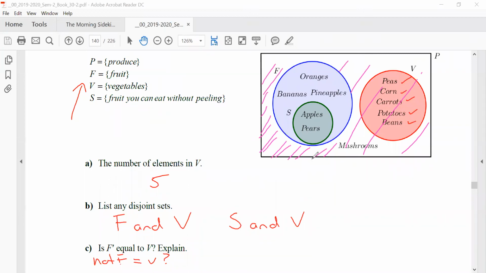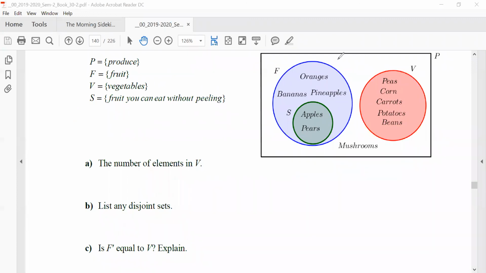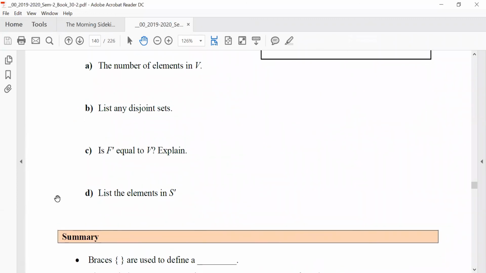Well, is everything shaded equal to just vegetables? The answer is no. What are we missing? We're missing those mushrooms. Okay, so I find it really helpful if I've got a Venn diagram to draw on it.